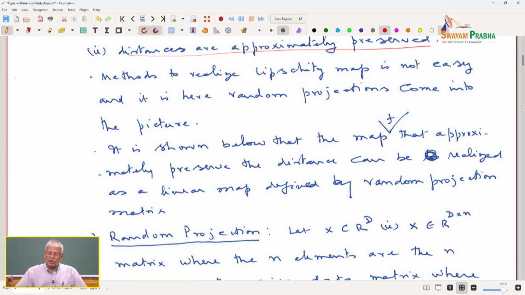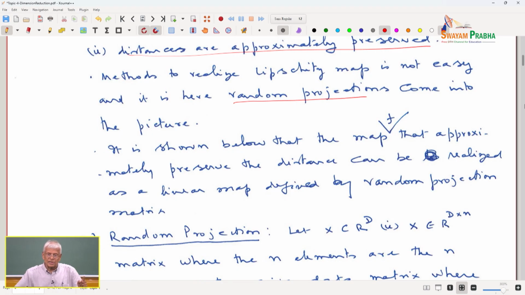Here, we are going to define a random projection that's going to take the place of the function f. That means we are going to realize this Lipschitz map function as a random projection matrix. Again, just to recall, projection matrices are orthogonal projection and oblique projection.